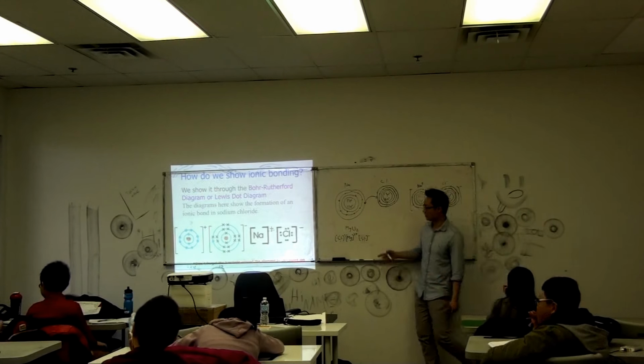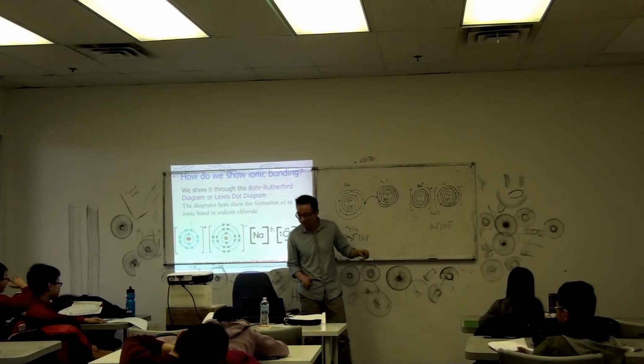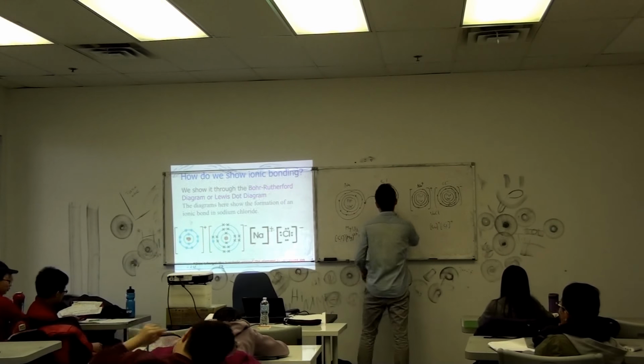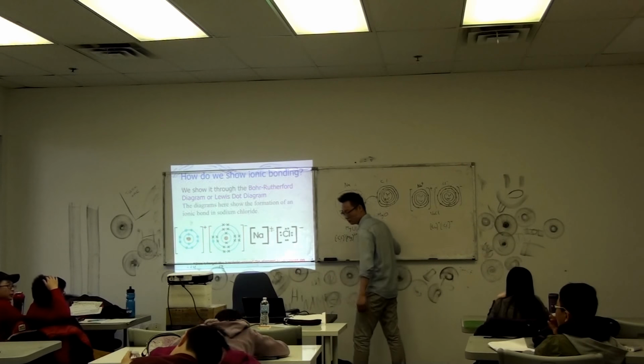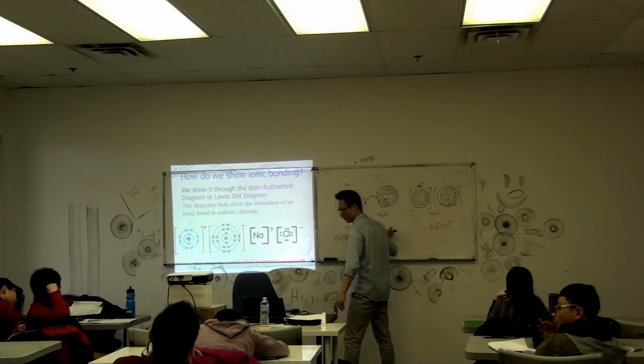Now it's your turn. I want you to start drawing a few examples to get practice. Sometimes you'll see numbers here, meaning there will be two of that kind of element. Here's the practice: magnesium oxide, this is one compound.